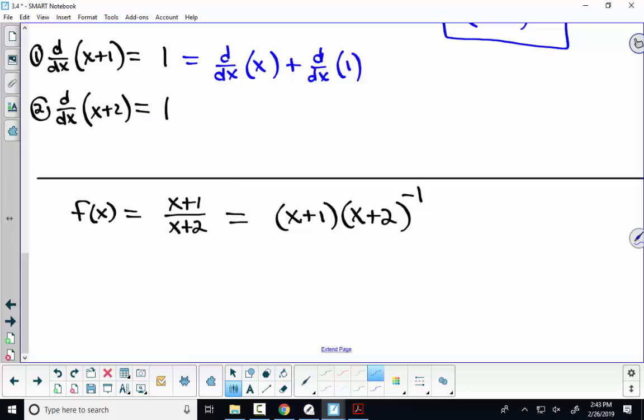And perhaps we can express that as a product and use the product rule there, but we have to talk about this thing here. How do we take the derivative of something like this? So we'll see that with the chain rule.